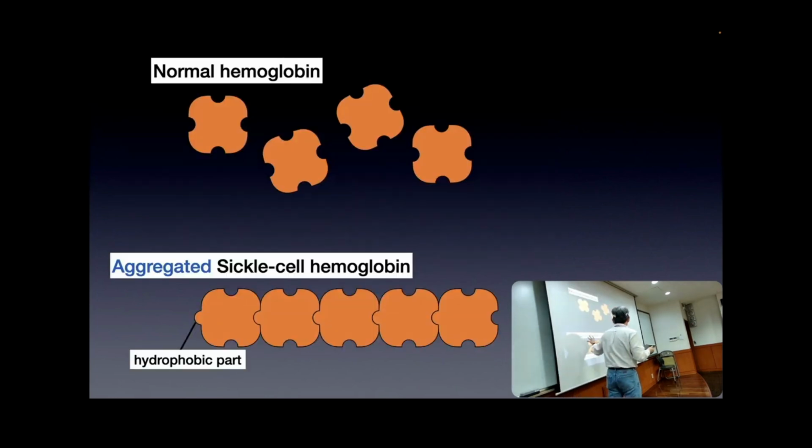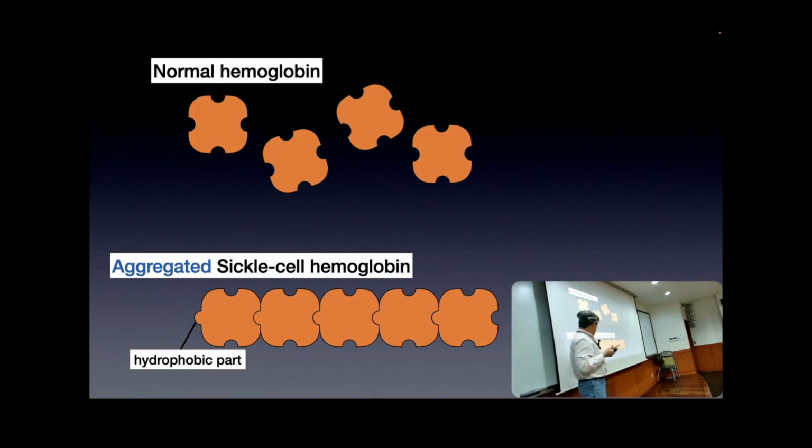But the point is, here I'm not going to talk about the nature of the disease, but about this hydrophobic interaction and, as a consequence of a genetic mutation, how it leads to malfunctioning, incorrect protein shape.